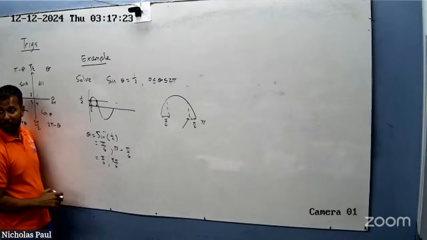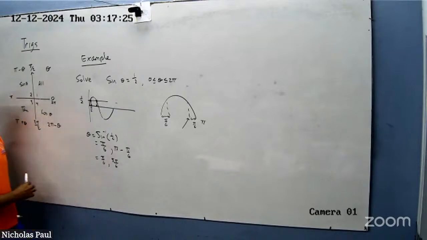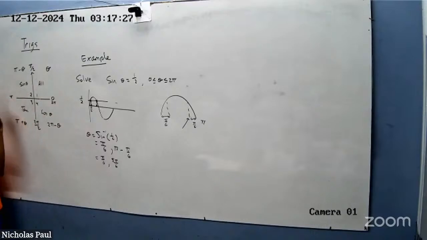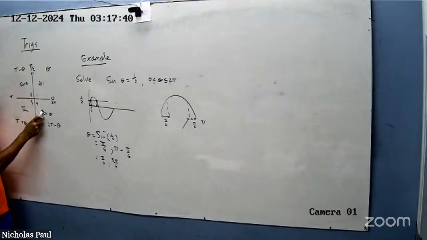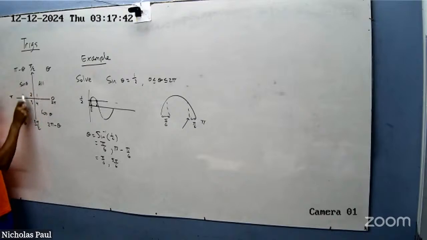So to get the value here, pi minus theta, pi plus theta here, 2 pi minus theta. Remember, if sine is positive here and here, it's negative here and here. If tan is positive here and here, it's negative here and here. Cos is positive here.